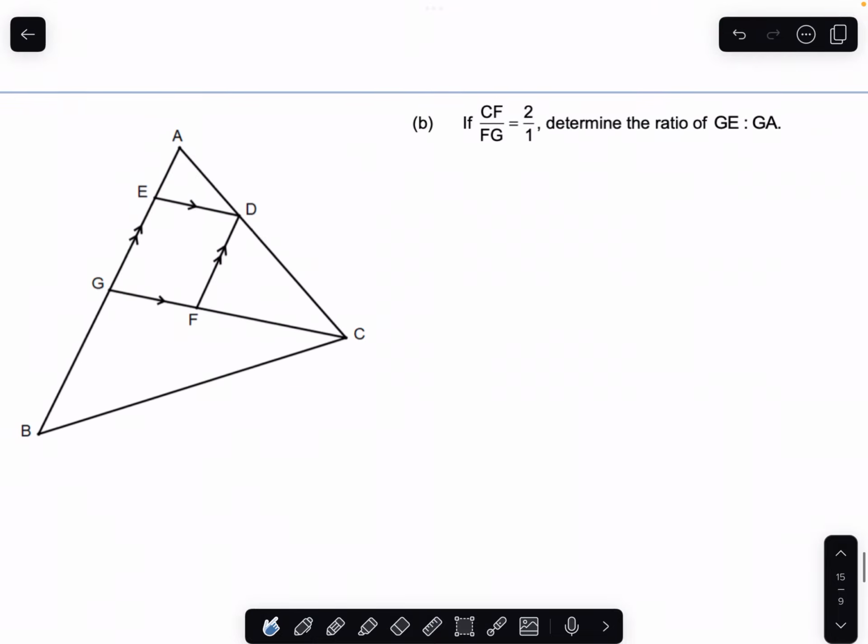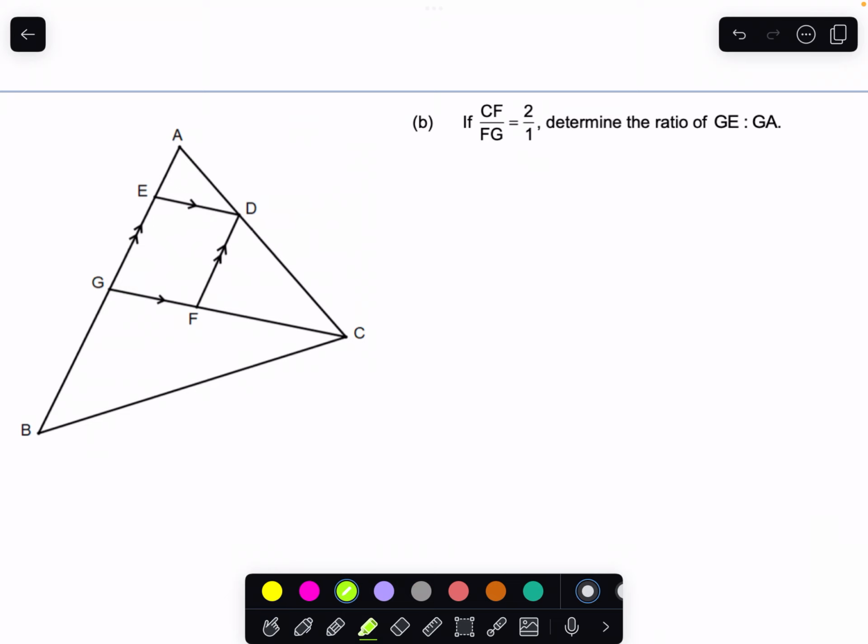And forward we go. Bearing in mind, as highlighted previously, we were told AG is equal to BG.